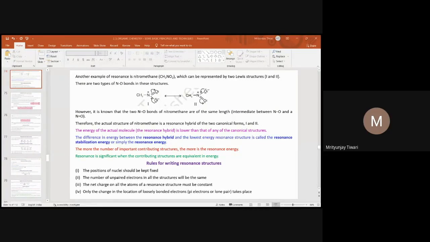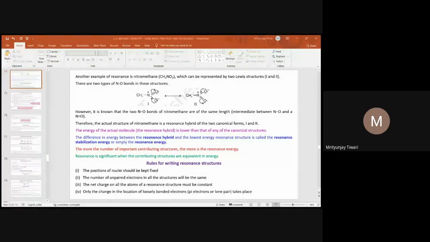So we will look at these two structures and see in which structure the octets of all the atoms are complete, meaning all the atoms have 8 electrons in their valence shell, given the bonding pattern that is there.